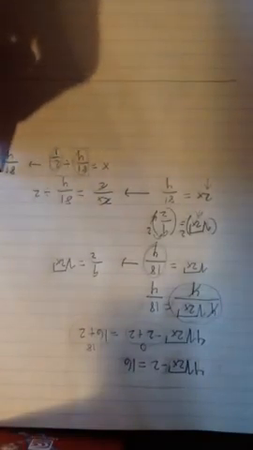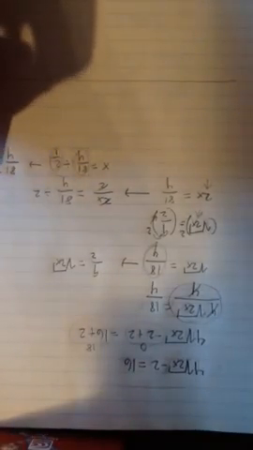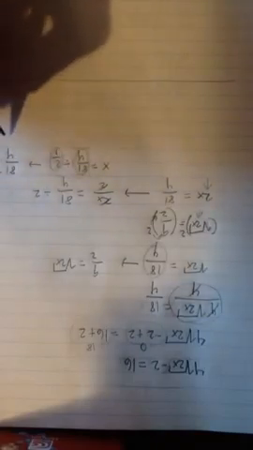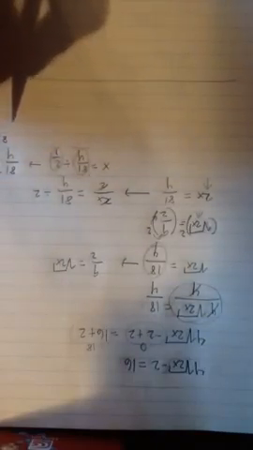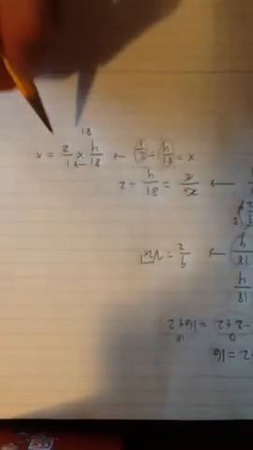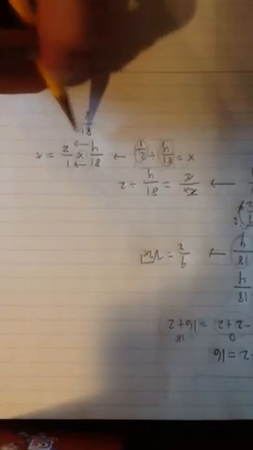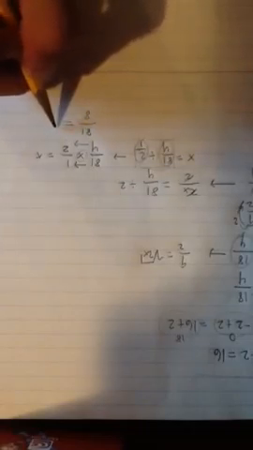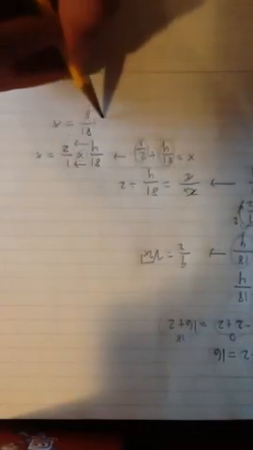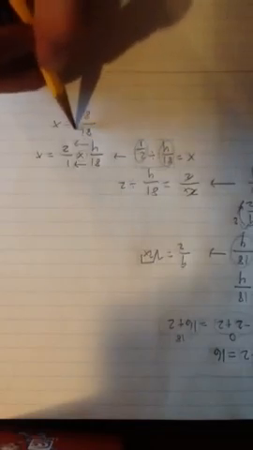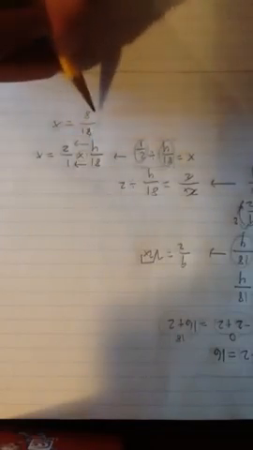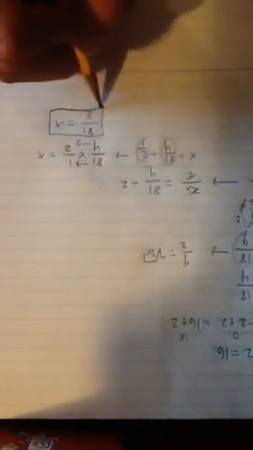So then you just multiply, which is 81 times 1 is 81. And 4 times 2 equals 8. 81 over 8 equals x. And since you can't simplify this any further and you're left with x alone, that is your final answer.